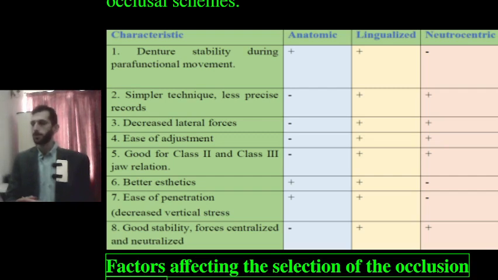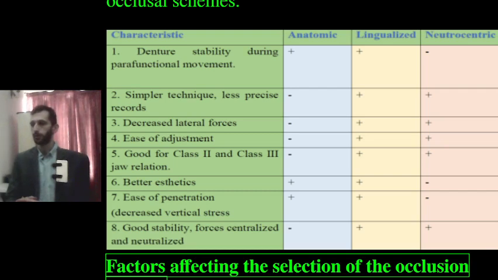For a better aesthetic, positive with anatomic and lingualized, negative with neurocentric. Ease of penetration, decreased vertical stress, positive with anatomic and lingualized, negative with neurocentric.